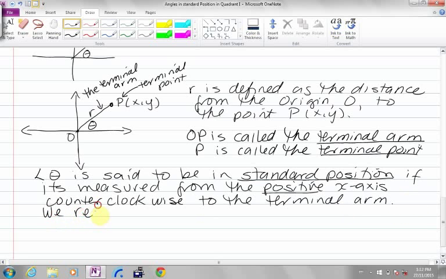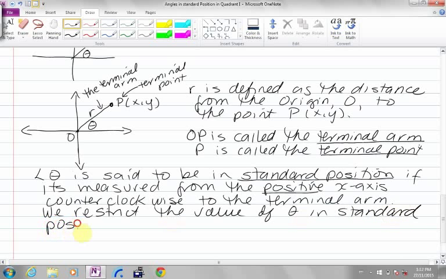We restrict the value of theta in standard position to be between 0 and 360 degrees.